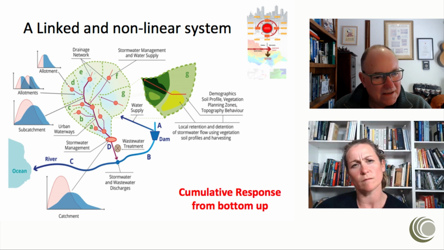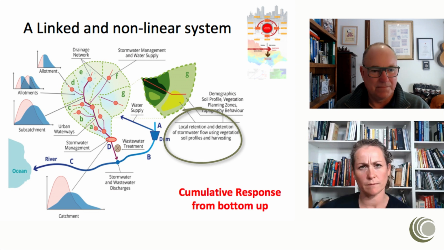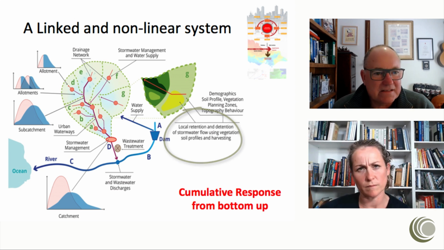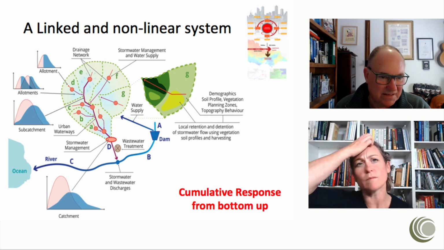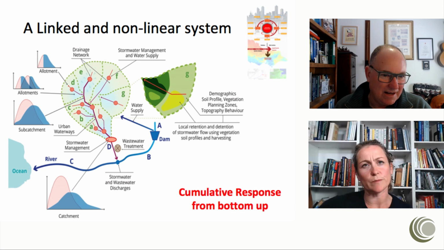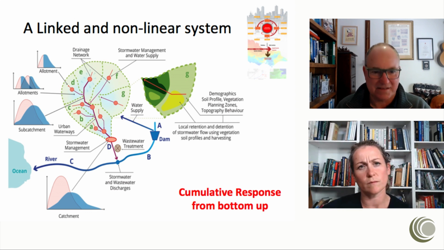It's because there could be local management of stormwater flows by using vegetation, soil profiles, rainwater harvesting, but there could also be local management by good town planning decisions, like putting parks and gardens in there and street trees to change heat island effects, stopping fighting nature and working with the topography and the local conditions to actually slow down stormwater leaving that system, which actually will change the cumulative effects.